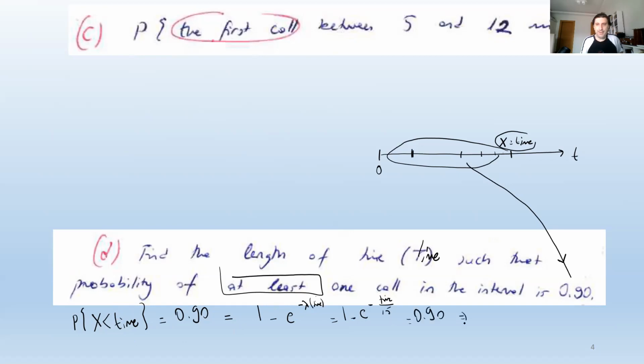If you do the maths, 0.1 is equal to exponential of minus time over 15. If you take the logarithm of both sides, ln 0.1 is going to be minus time over 15, and time is going to be found at the end as 34.5 minutes.